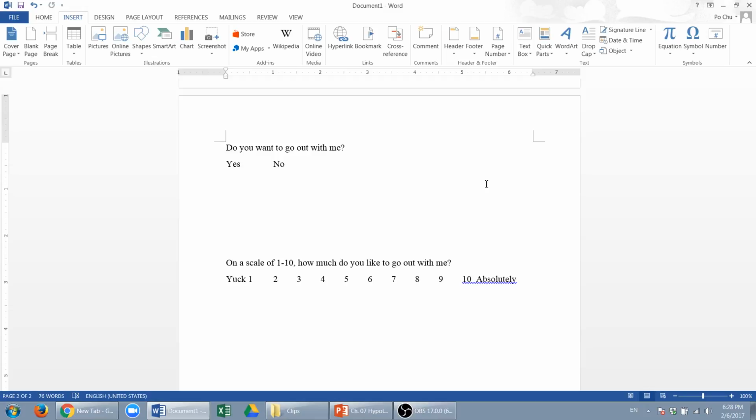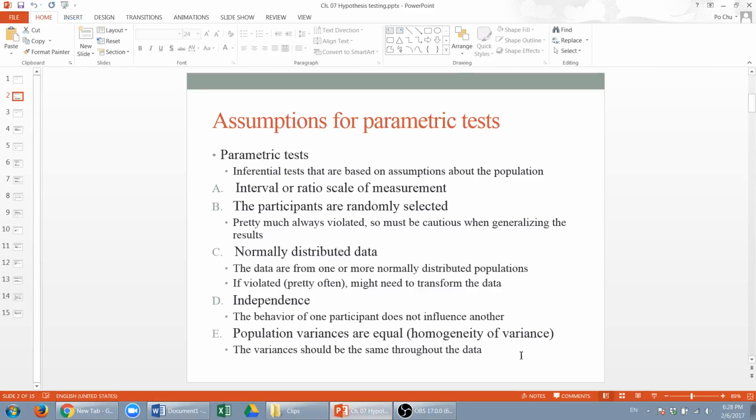But for the sake of our research, this will be a better one. In other words, this is a Likert type scale. This is interval scale of measurement, and this is categorical. If you use this kind of question, this kind of data cannot be analyzed by parametric test.